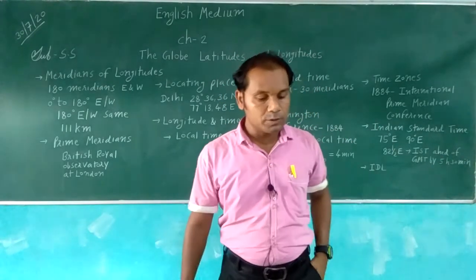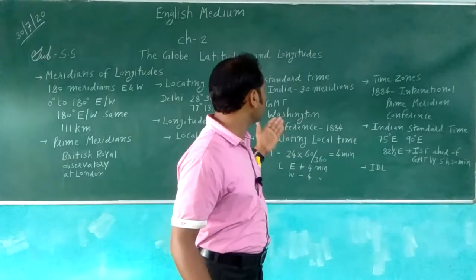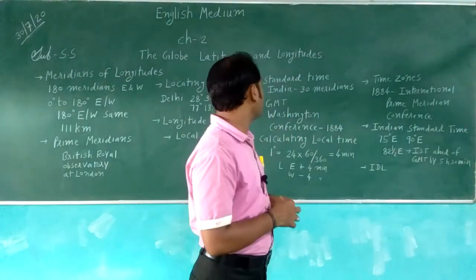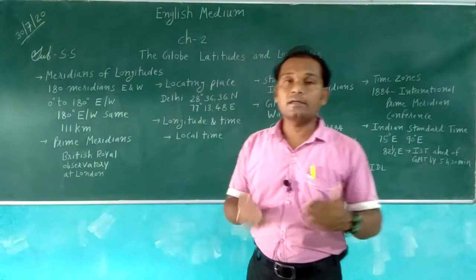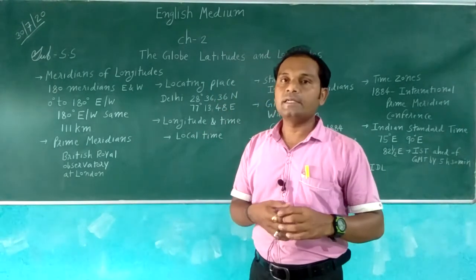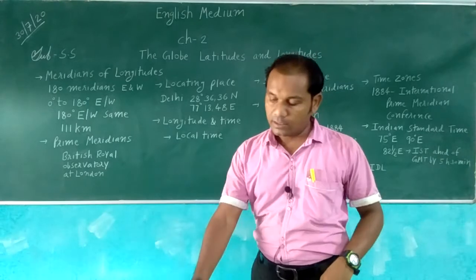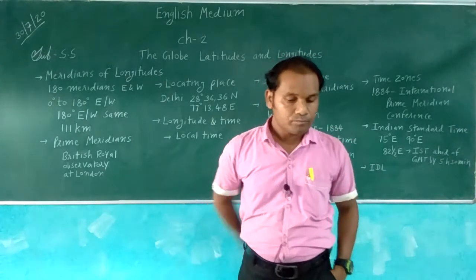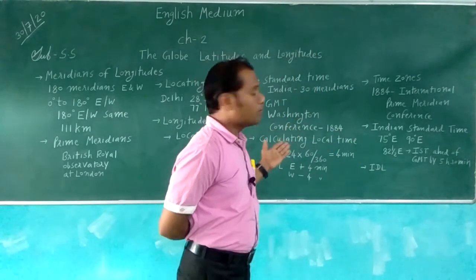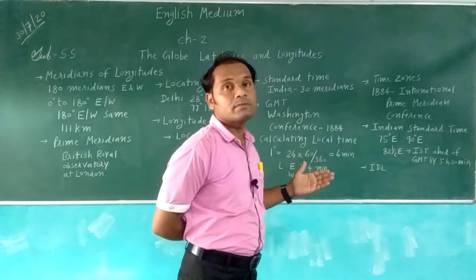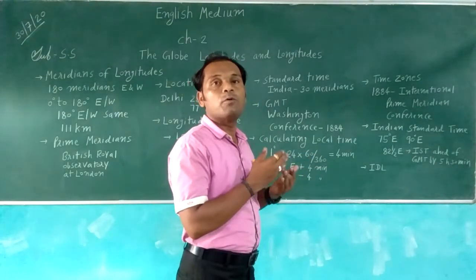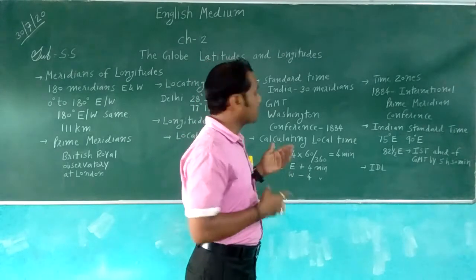To avoid this confusion, a central unit of time was needed. That will be the standard time. They decided on a central time, which is the standard time. For the whole country, one standard time is needed that the whole country will follow, and they can work.